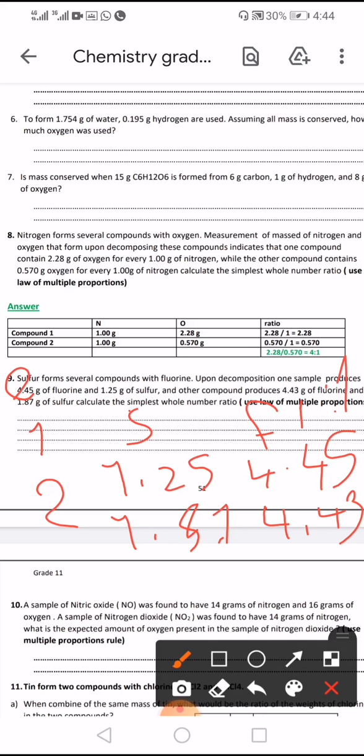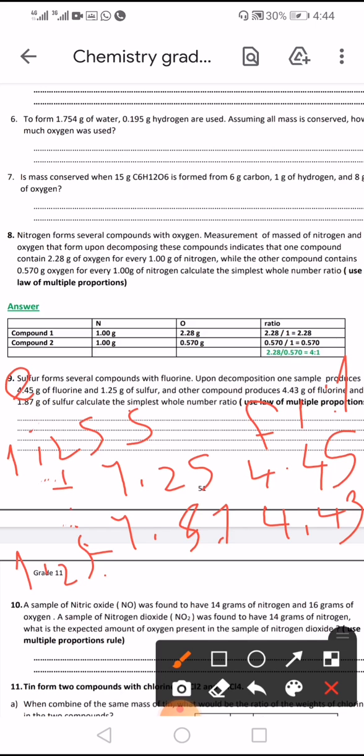So in the first compound we divide by 1.25, and in the second compound divided by 1.25.